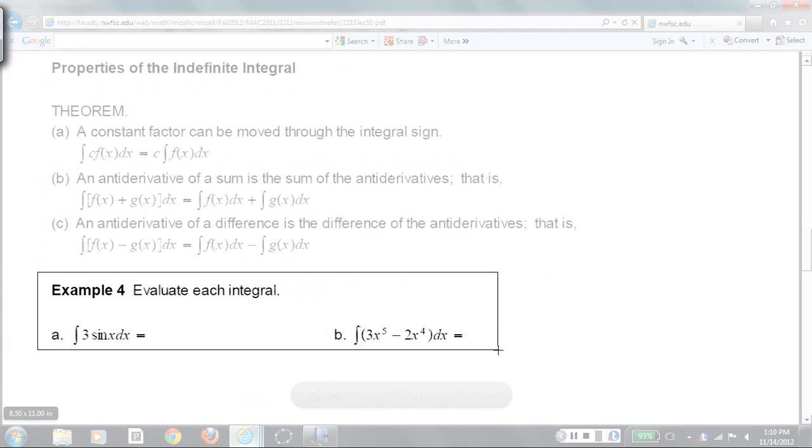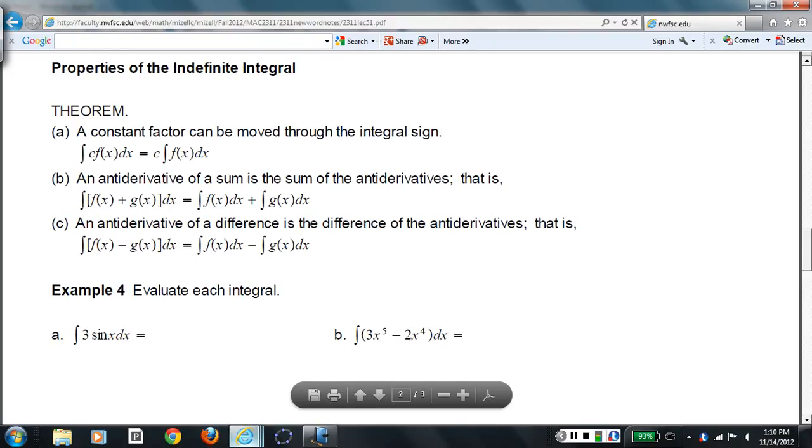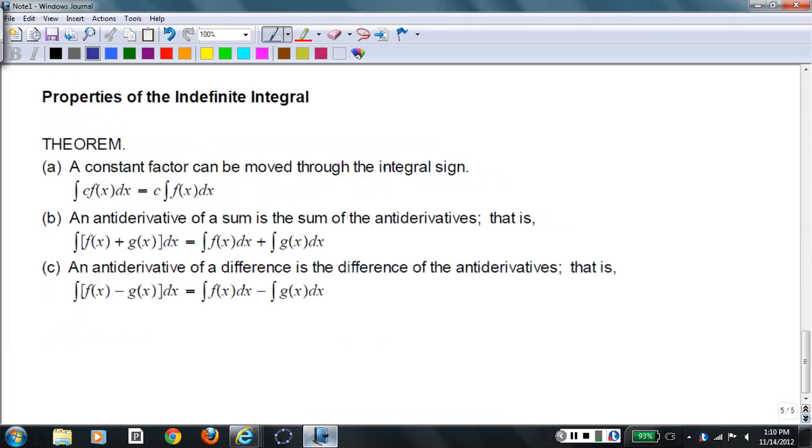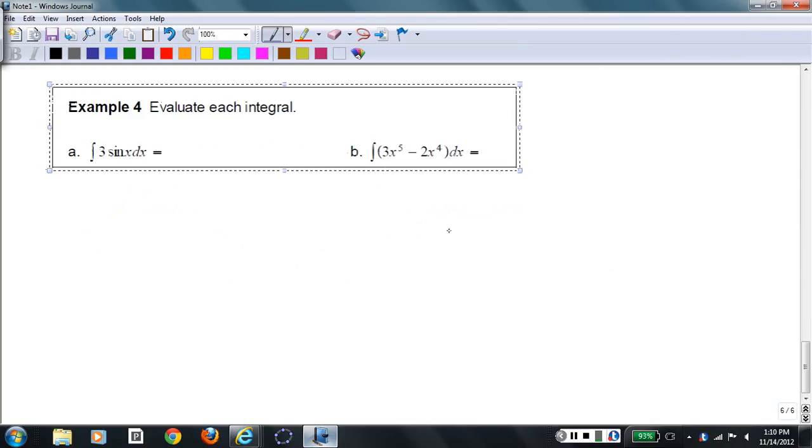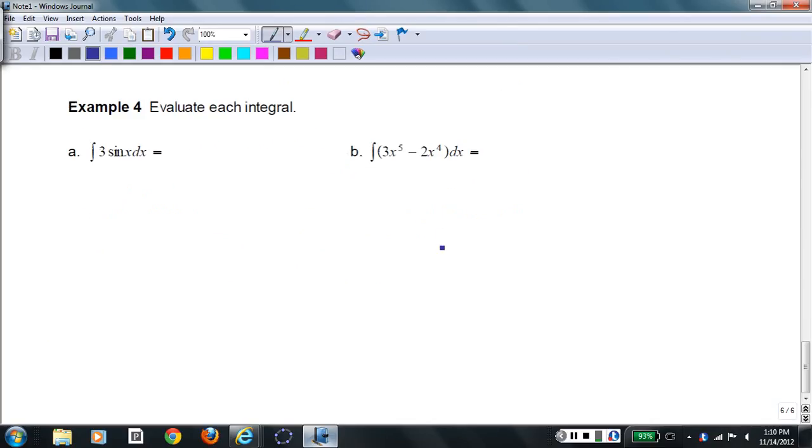So the first one, we use property A, the integral of a constant times a function is equal to that constant times the integral of the function. So step one, we can take the 3 that's inside the integrand and pass it through the integral. Just like we could do if we're taking a derivative.